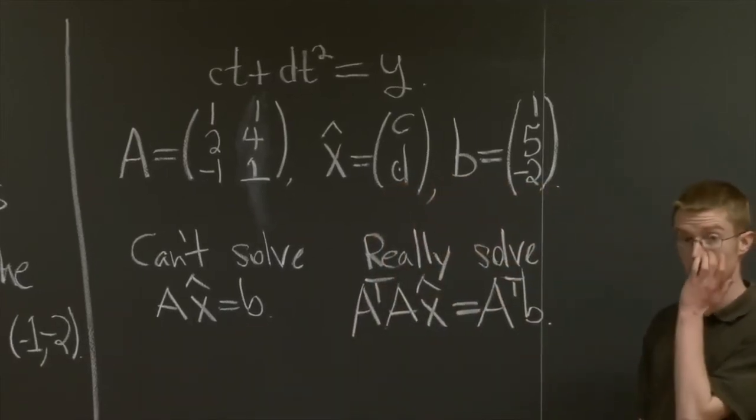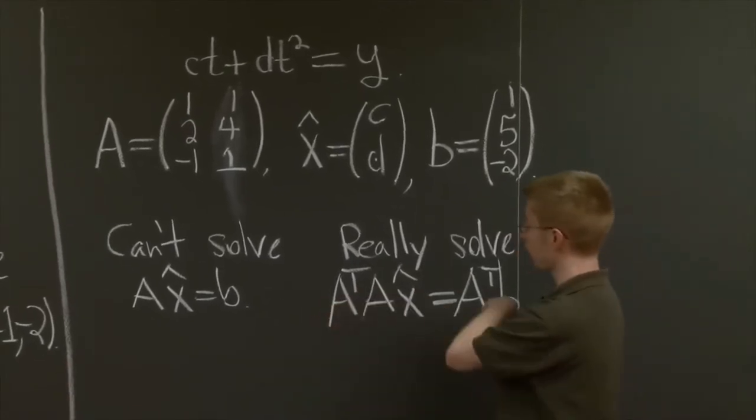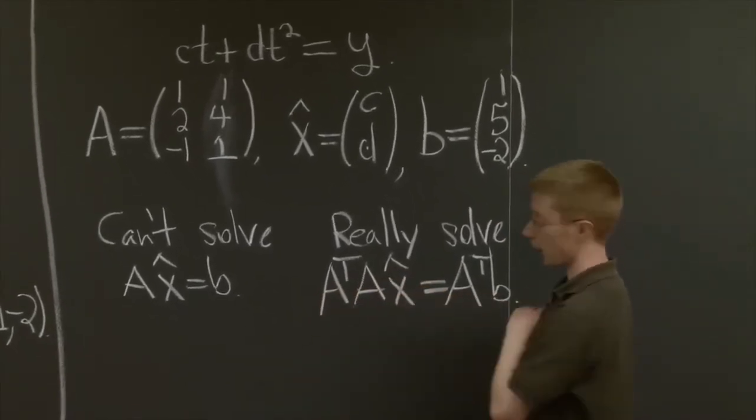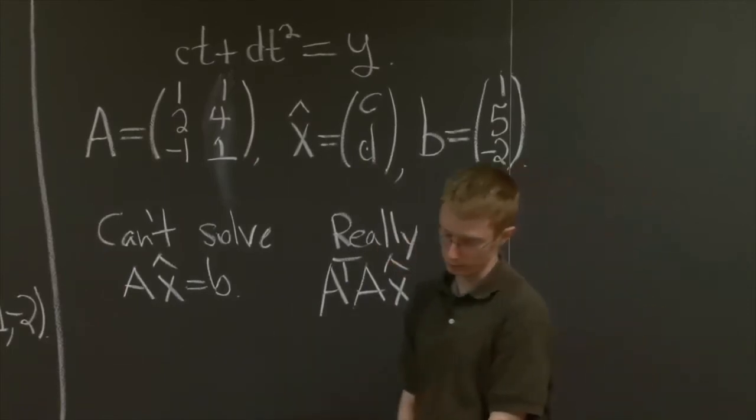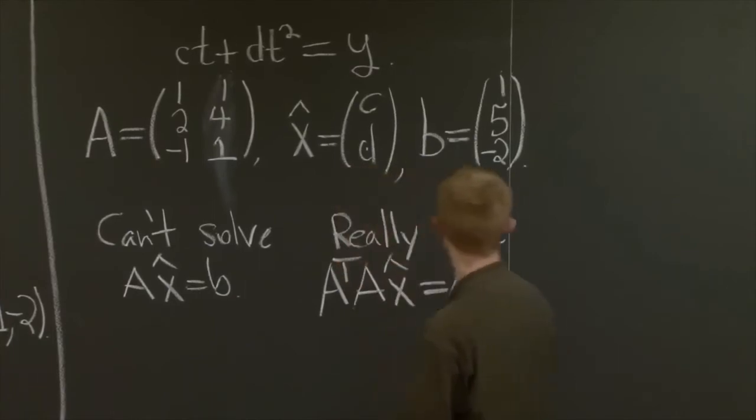So that's what we're really going to do. We're really going to solve A transpose A x hat equals A transpose B. And now all we have to do is just a computation. So let's do it.